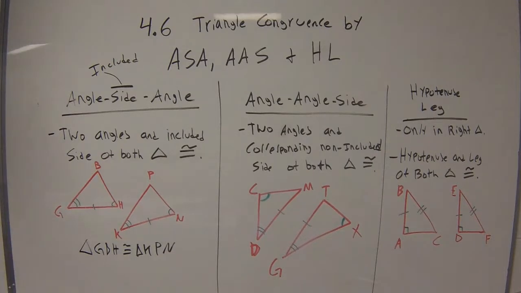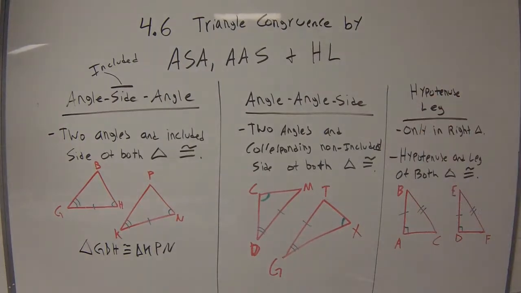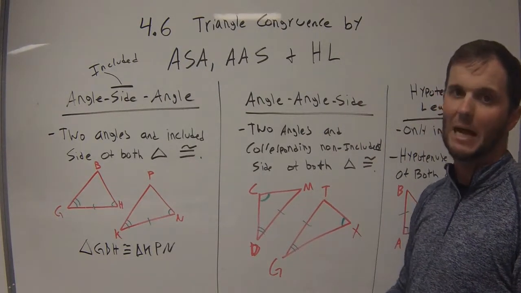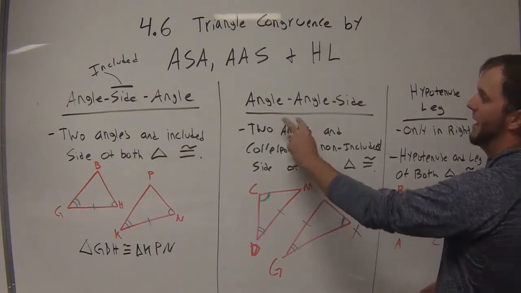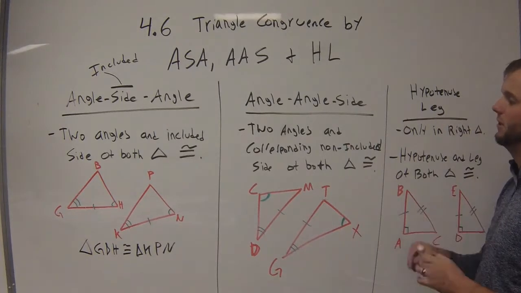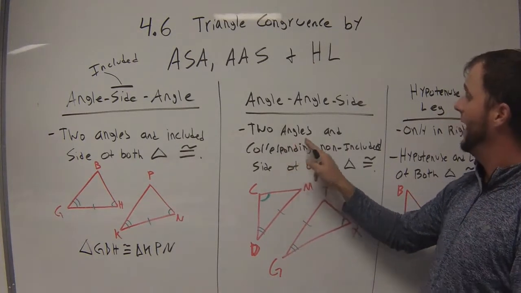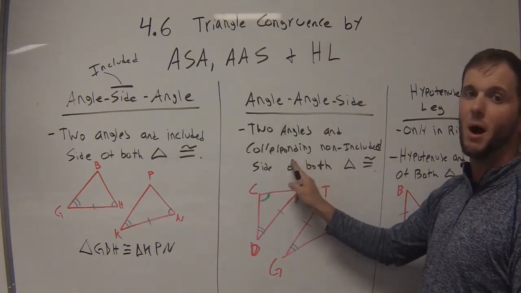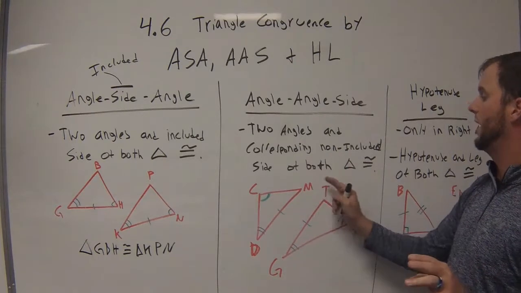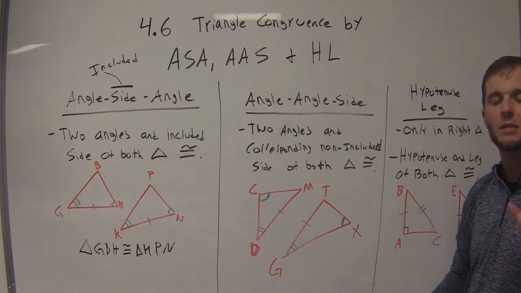That's how that works. So the next thing I want to look at is AAS. Again, the A stands for angle, the S stands for side. So in this instance, we have an angle, angle, side. By definition, it says if we have two angles and a corresponding non-included side of both triangles that are congruent, then both triangles are indeed congruent.